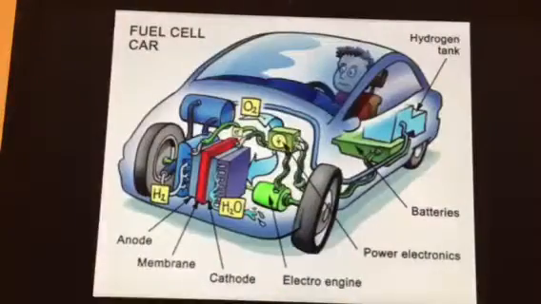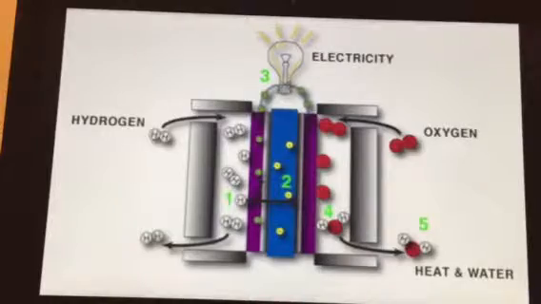And by doing this, it creates this charge in the front of the car with the anode and the cathode, and by using those two, the gas that is released is just water or steam. It's amazing. Here's an example of how that works. As you can see here, it produces the heat and the water. It's very simple, but it's really important for the environment and sustaining life.